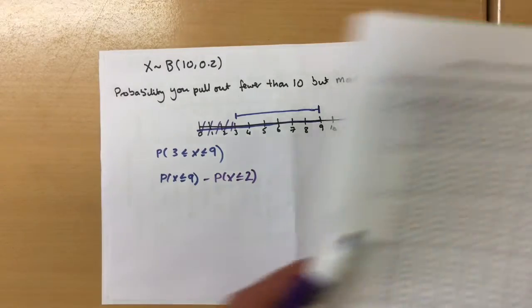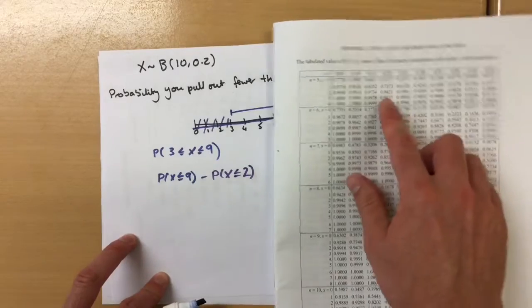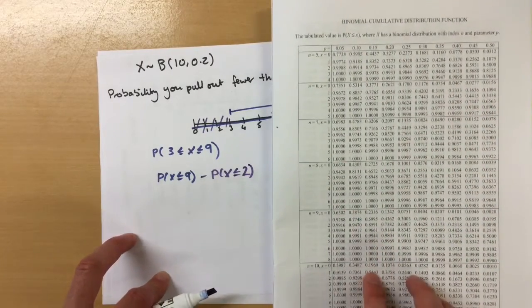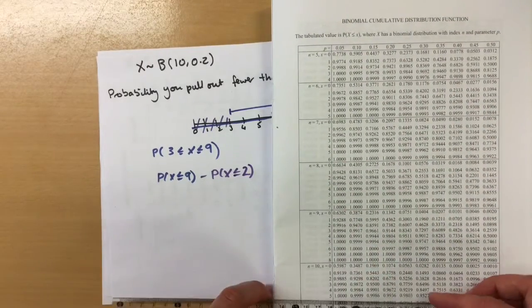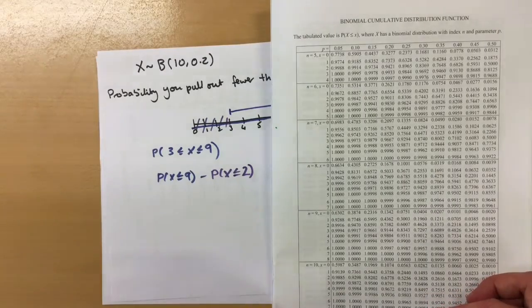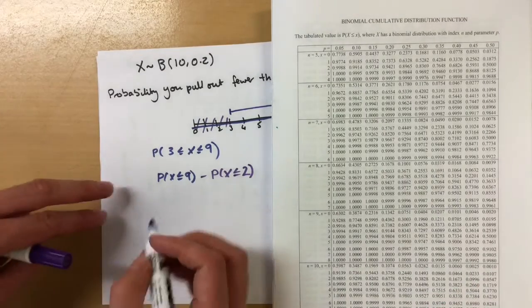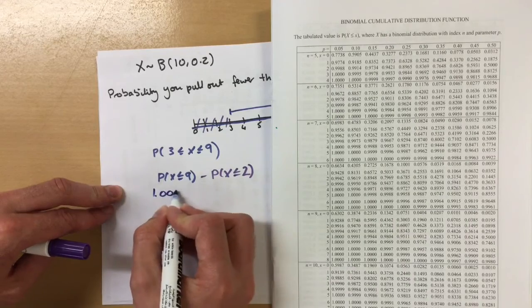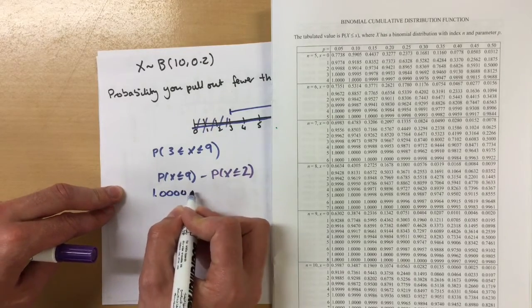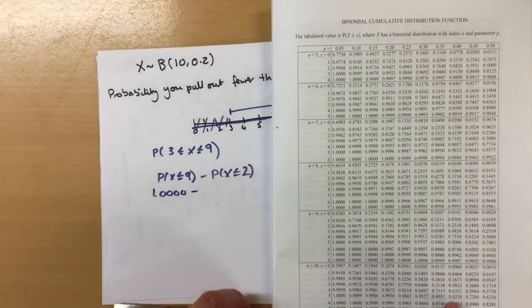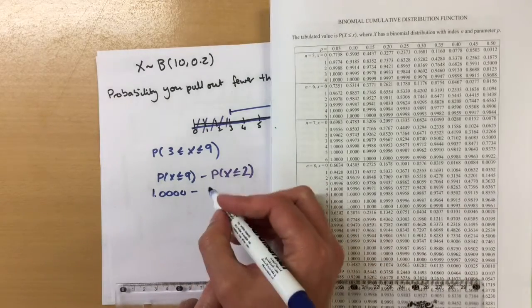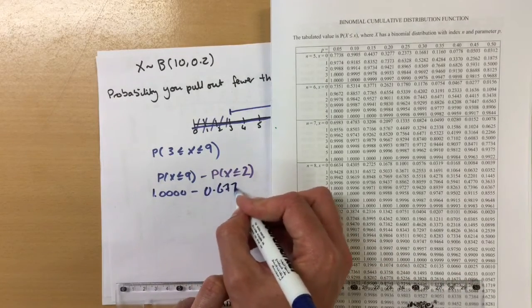And then you grab your table, 0.2 again, down to the tens, and 9 is given as 1, and 2 is given as 0.6778.